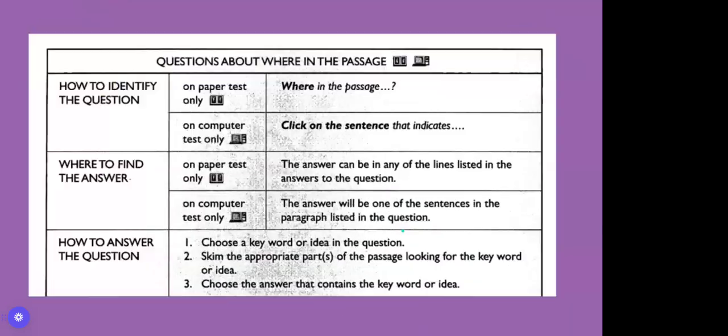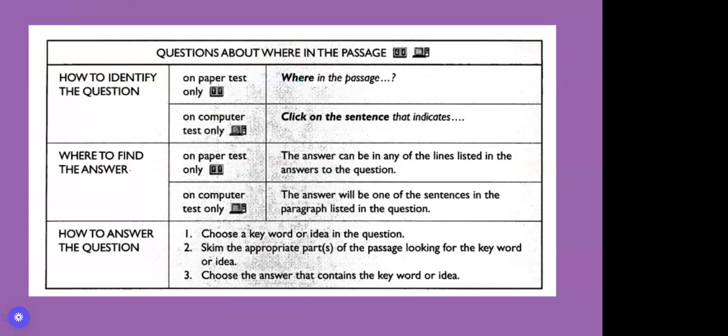Like it was here, where in the passage? You will see, where in the passage does the author discuss the effects of? Where in the passage does the author provide benefits, etc.? Where can you find the answer? Well, it can be on any of the lines listed in the questions.